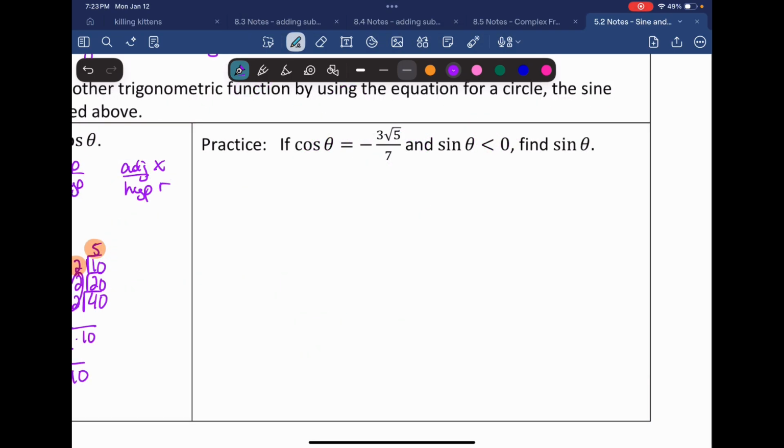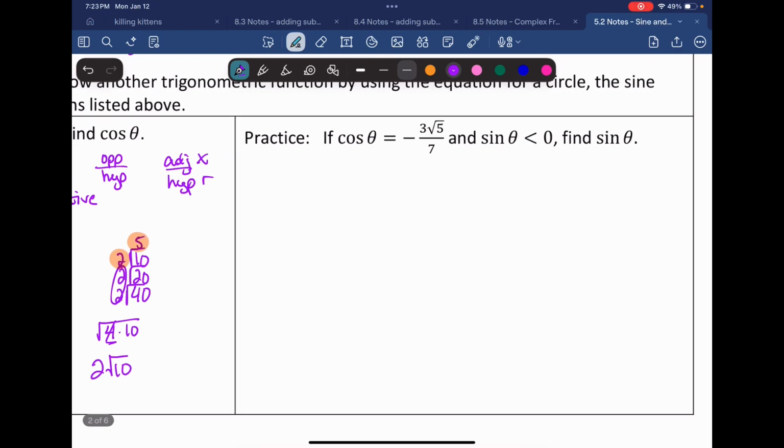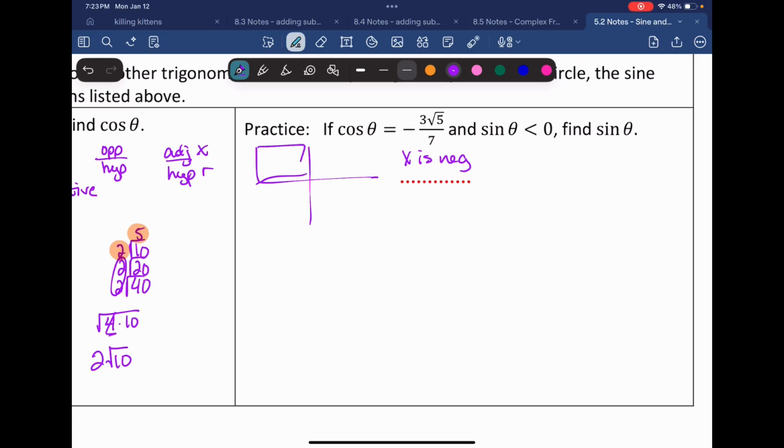Okay, same type of example. This time I'm giving you cosine. Cosine is negative 3 root 5 over 7. So it's telling you that cosine is negative. Okay, if I think of my quadrants, cosine is negative where x is negative. So that means cosine is negative in quadrants 2 and 3, because in these two, x is positive.